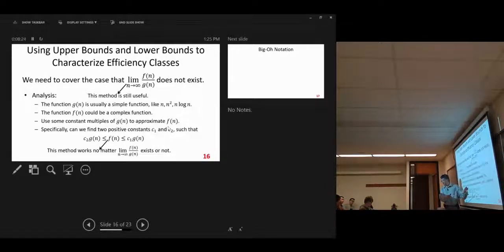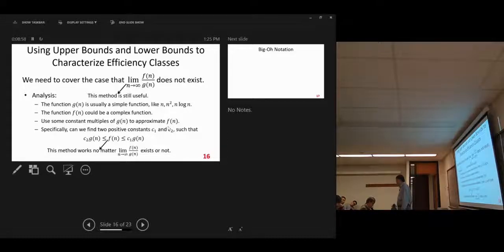It is more robust, right? But it does not mean the old limit method is not useful. The old limit method is still useful, because when the limit of that ratio exists, it is still a powerful method. You can use L'Hopital's rule, and many powerful techniques.